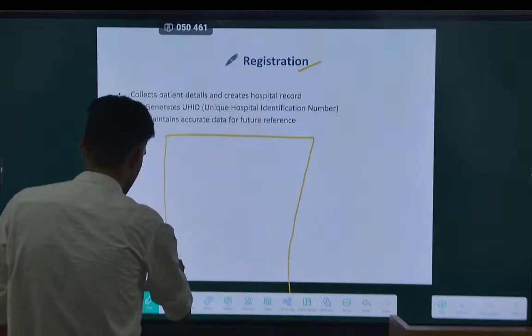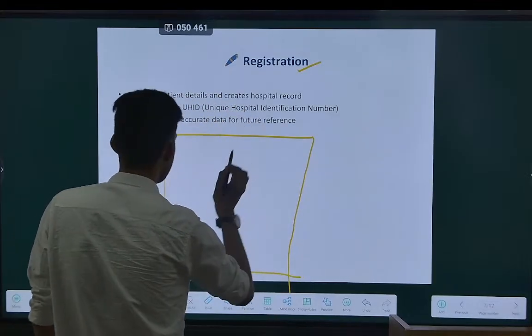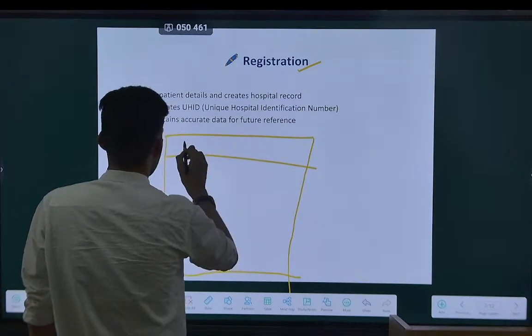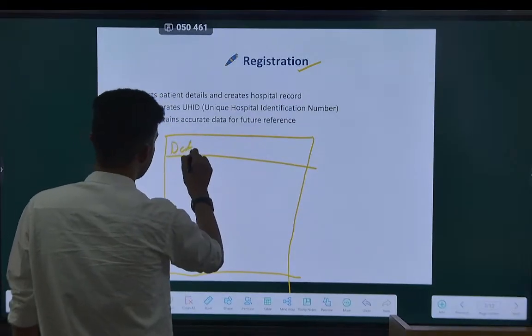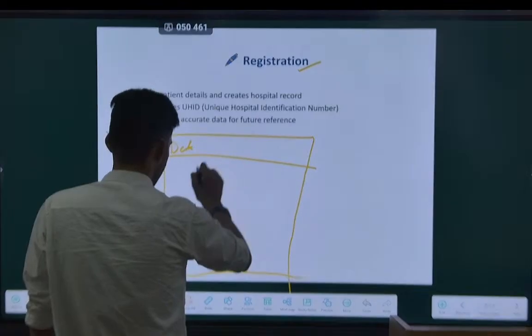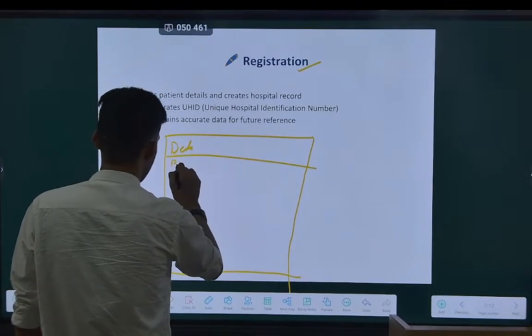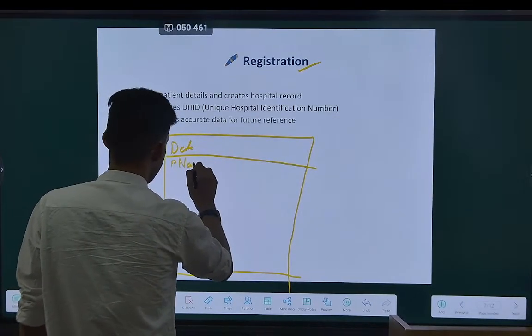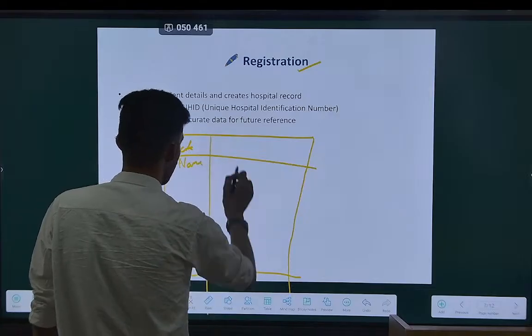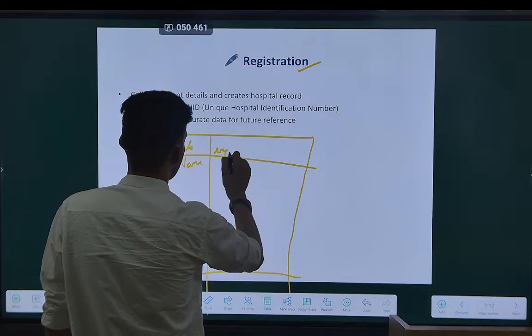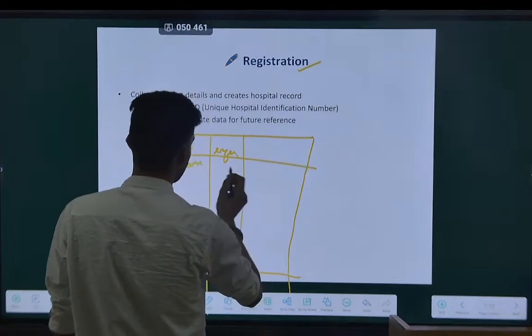There are forms. When you go to a medical facility, the first thing is they will give you a form. It will have a date on it, the patient name will be there, and who you are referred by will be there.